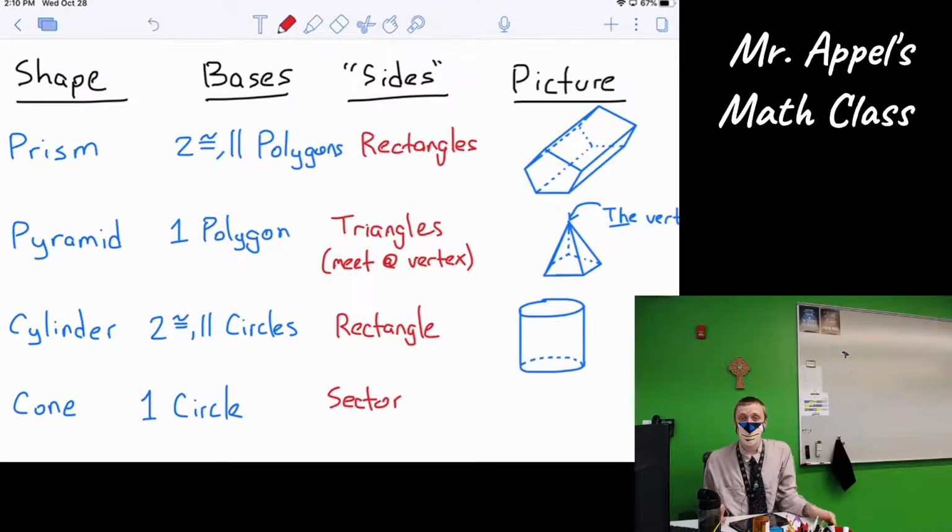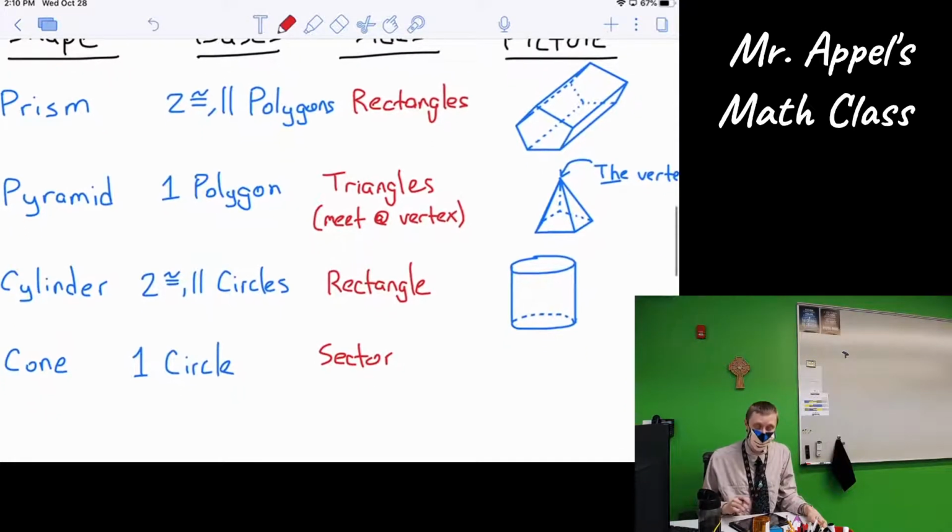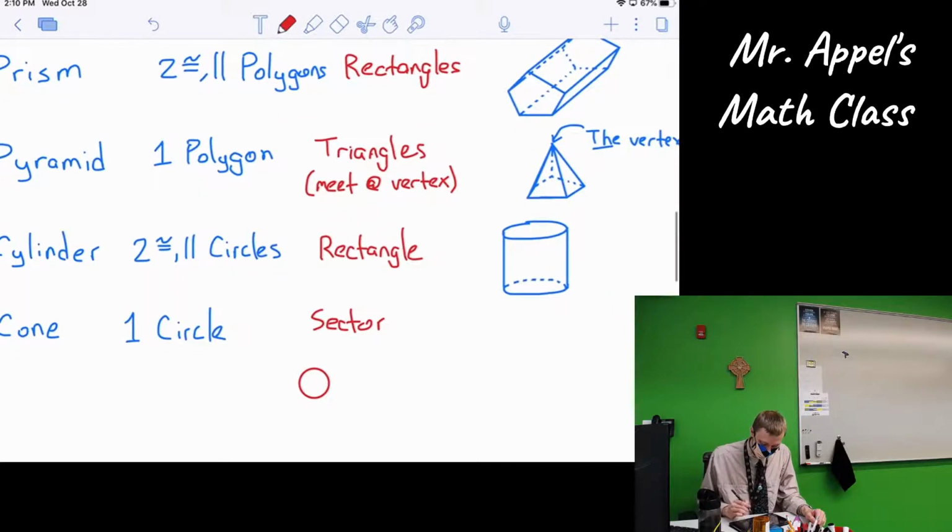You might recognize it as a very wide slice of pizza, okay? If I had my base of my cone there, the side of it would look something like this, okay? A nice wide section of pizza.